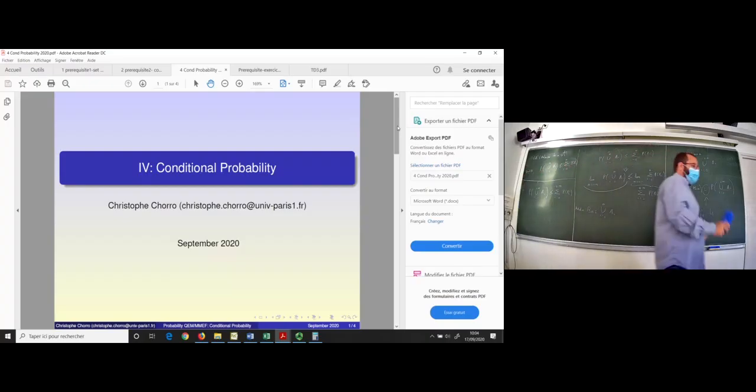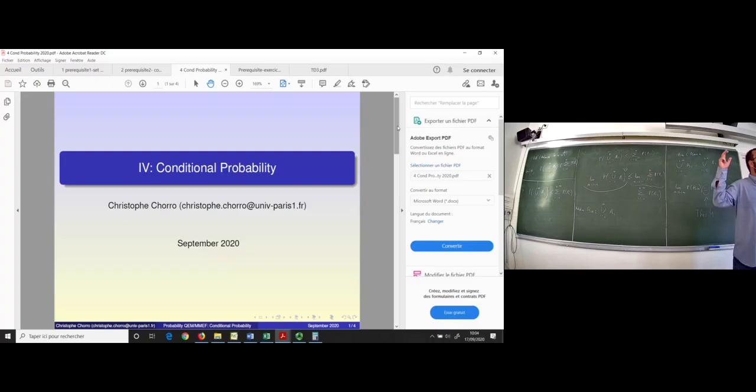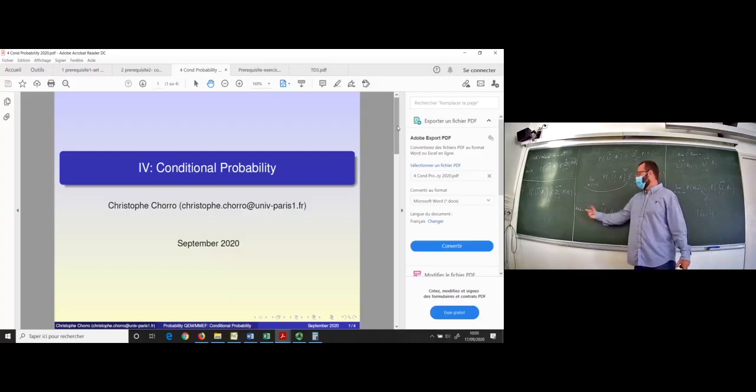You could say anything else for Bn, for example. If you want to call it, I don't know, Mr. Choro, you can call it Mr. Choro, okay? So you give the name you want. Since I had A here, I have used B, but you can use C, X, what you want. It's just something that is indexed. It's a notation that I use in order to lighten a little the way I write things here.